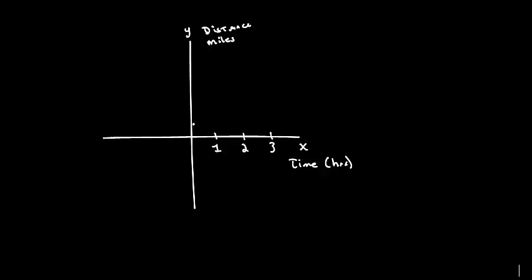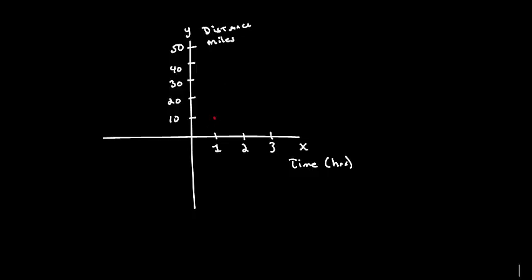So let's say we'll go by tens: 10 miles, 20 miles, 30 miles, 40 miles, and 50 miles. So they're biking for a certain amount of time, and here's the amount of miles that they've biked. Let's say we've got 2 points here.